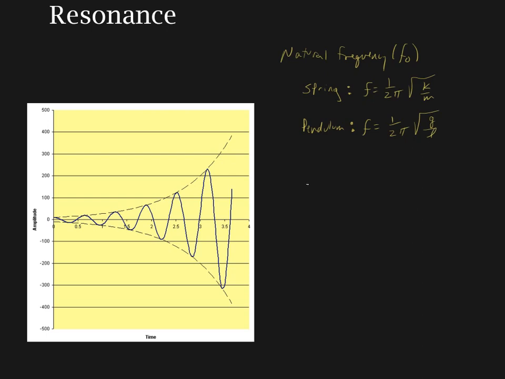We have our maximum amplitude when we have delta F, okay, when the difference between the frequency of the driving force minus the natural frequency is small. When that's a small value, you end up with large amplitudes.